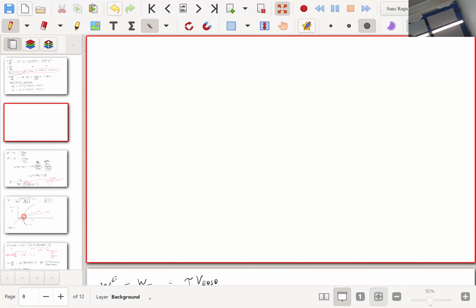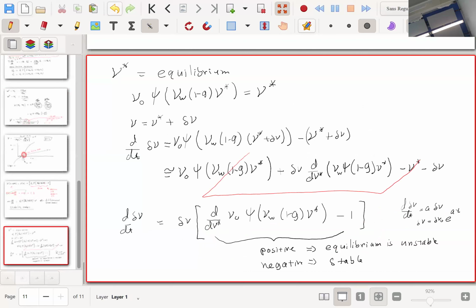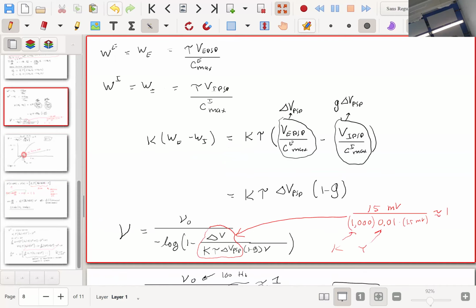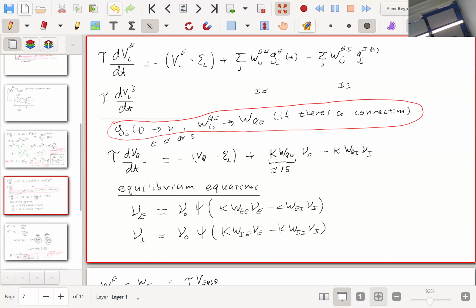Let's kill that. Uh-oh. Sorry. Slides seem to have disappeared. These slides got moved out of order. I'll put them back in order.